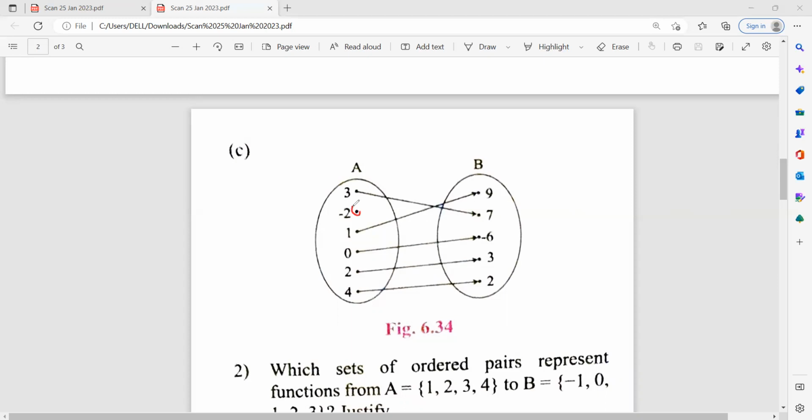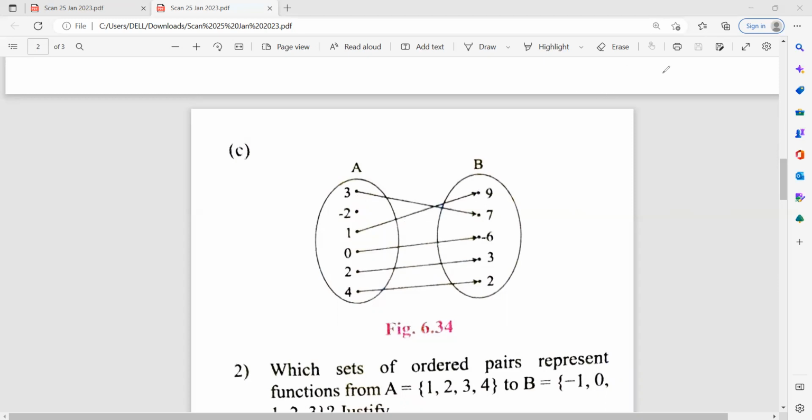Because when you say from set A to set B, every element of set A should have a unique image. But I am noticing that there is no image of this element in set B.